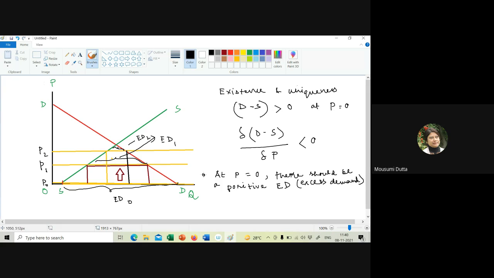This is point number 1. Point number 2 is, as price starts to increase, excess demand starts to fall.